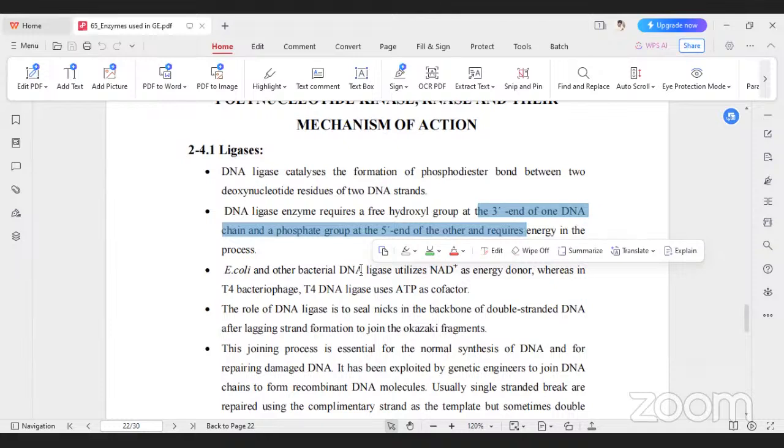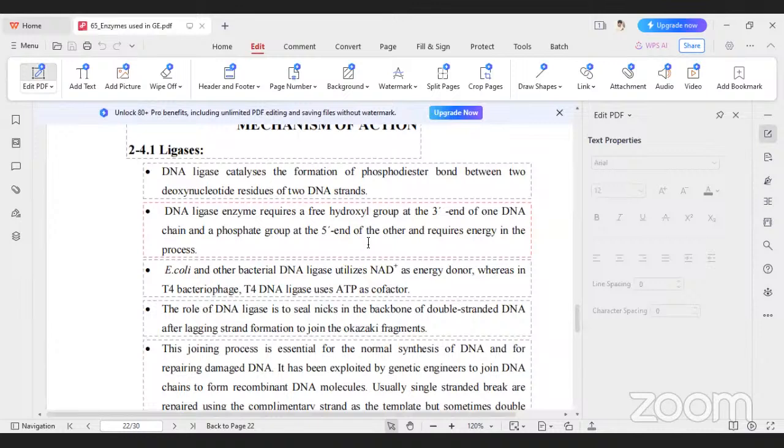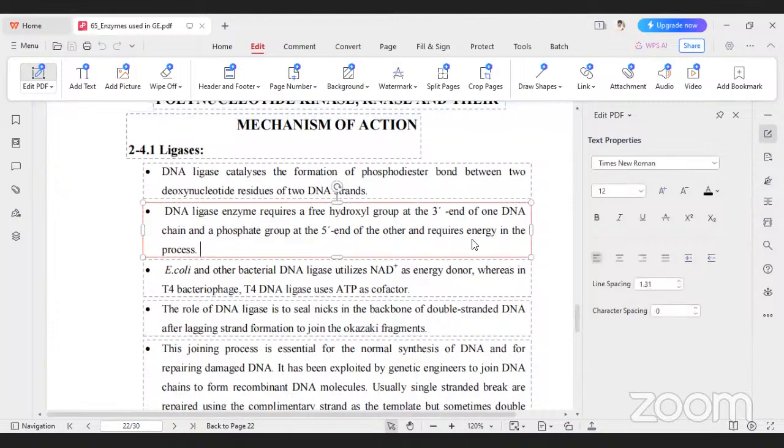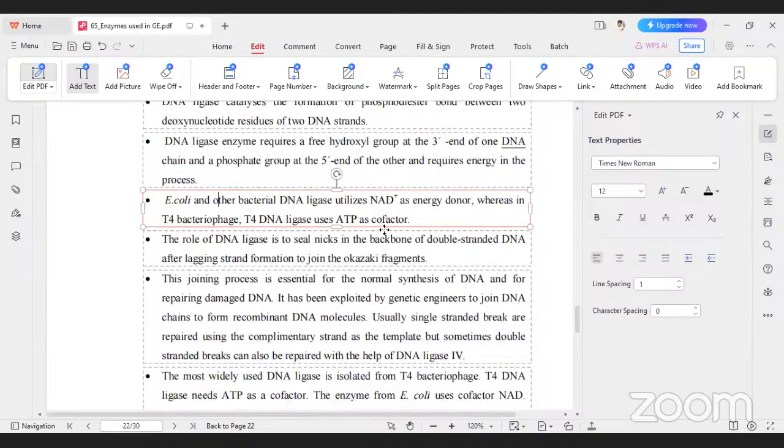For the ligase action, other bacterial ligases use NAD as the energy donor.